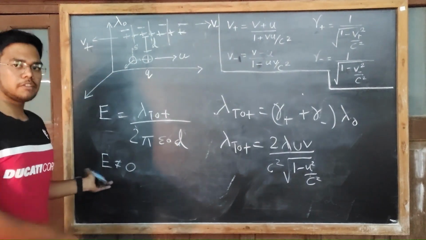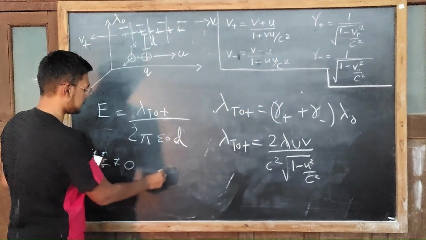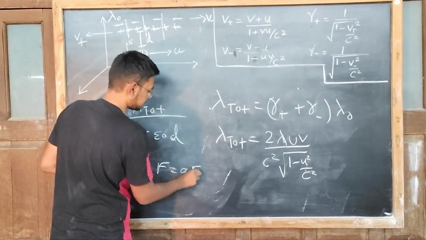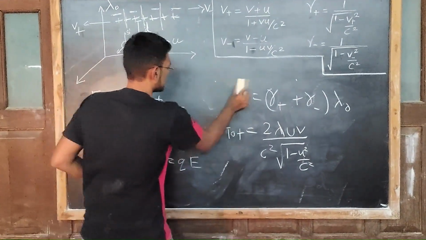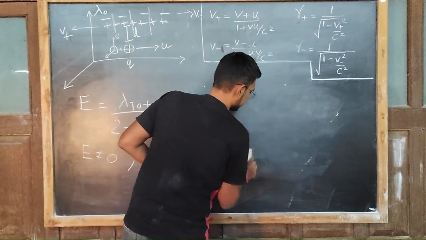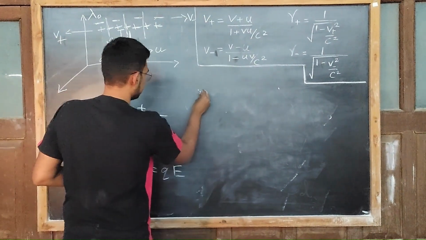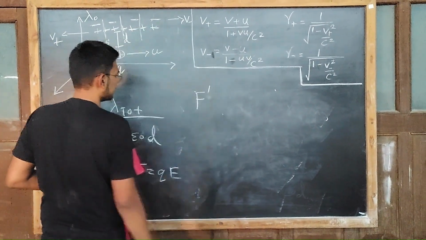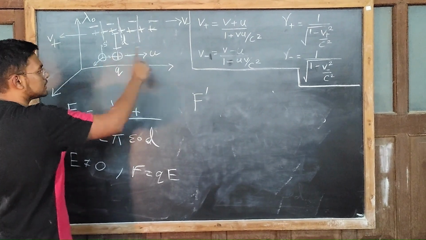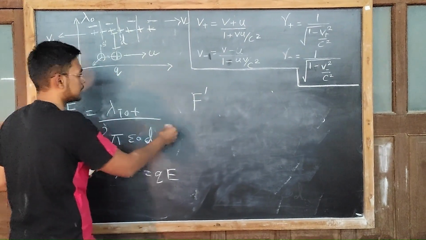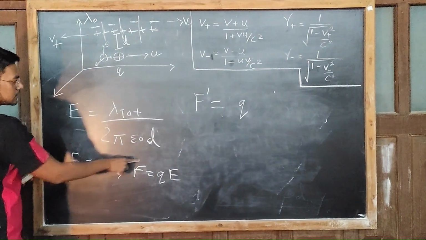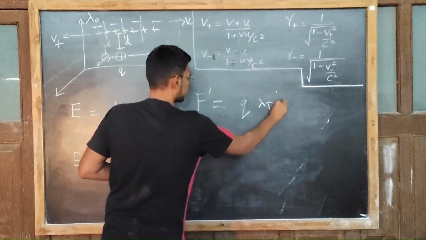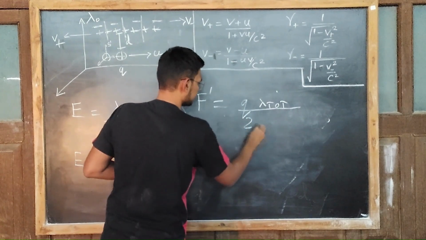If there is an electric field, we get an electric force, which is given by force equals QE, and Q is the charge on Griffith, or this positive charge. So I will write this force as F prime, because we are considering this situation from the S prime frame. F prime will be given by Q times the electric field, which is lambda total divided by 2 pi epsilon naught d.